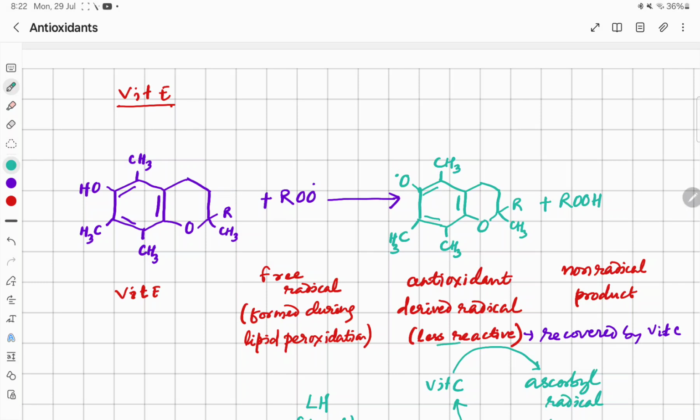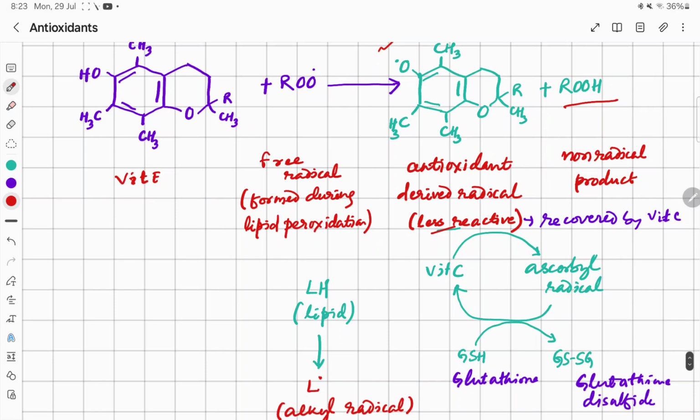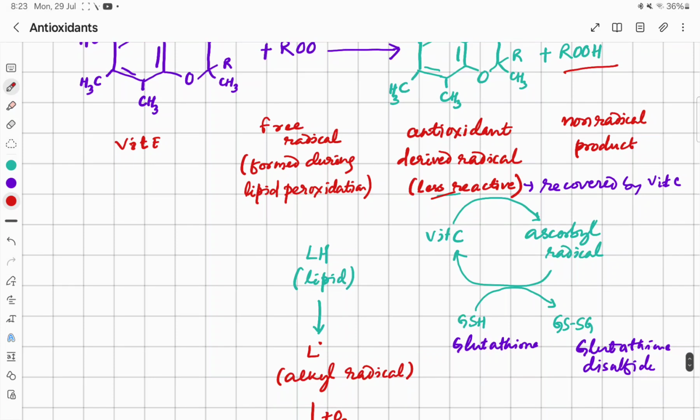So the lipoxyl radical is converted to a non-radical product, and the vitamin E itself becomes a less reactive radical, and this less reactive radical can be neutralized by vitamin C, and again vitamin C, which we know is ascorbic acid, will be converted to a less reactive radical, ascorbyl radical, and that can be neutralized by glutathione.